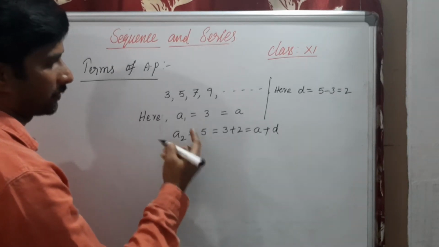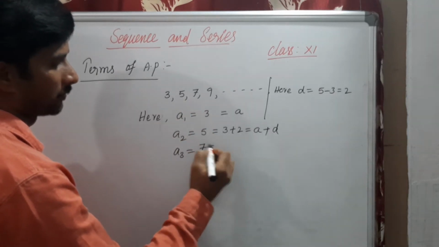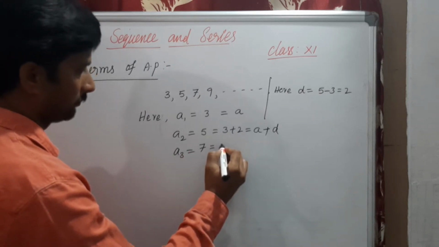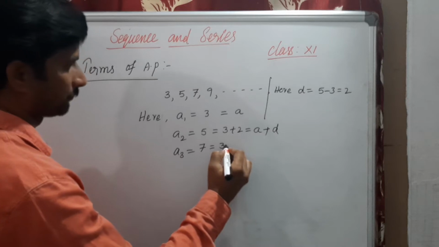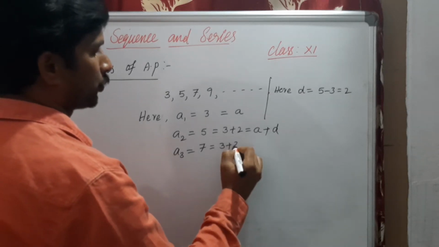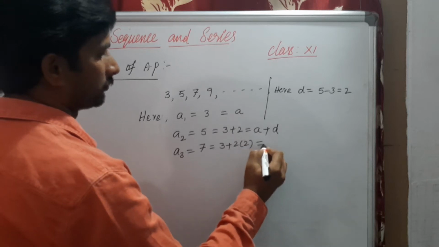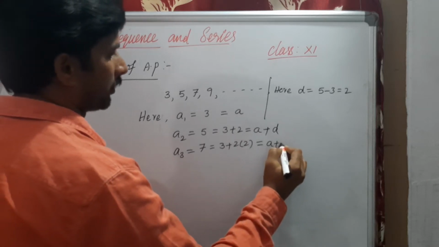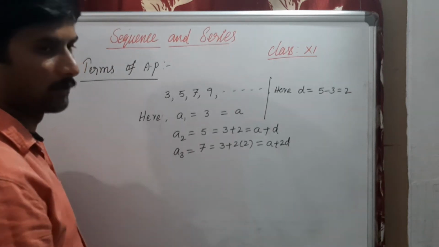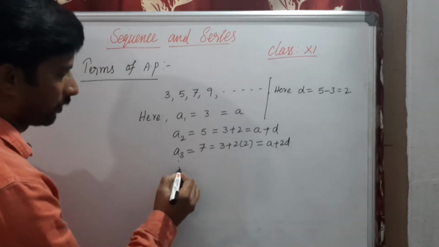So take A3, the third term here, which is 7, which can be written as 3 plus 2 into 2. So 3 is nothing but a and 2 into d. So a plus 2d is the third term, and so on.